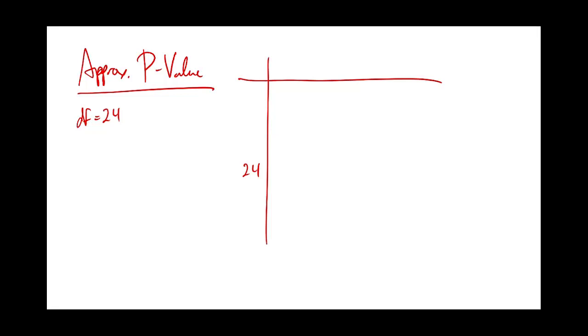All right. Well, so then you scroll across. What was our test statistic? It was negative 0.875. And in the t-table, since the t-table is only positive, we just use the absolute value of it, but the tails are the same on both sides, so it's fine. So you scroll across the 24 degrees of freedom, and you're looking for the numbers that bound your test statistic.